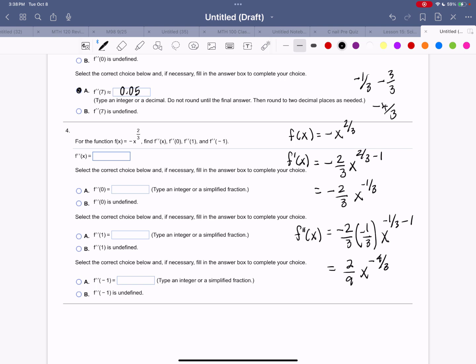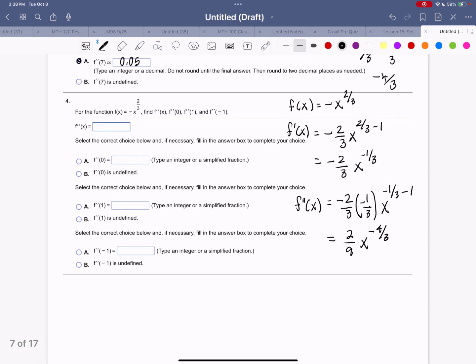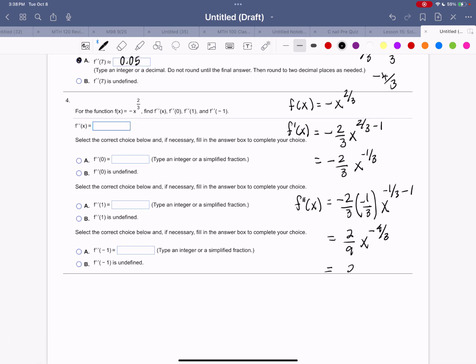And again, use your calculator. So our second derivative was 2/9 x to the negative 4/3, and if you wanted to put that x in the denominator, this one's fine, but you could also do 2/9 x to the 4/3. So I'll put it in that way.